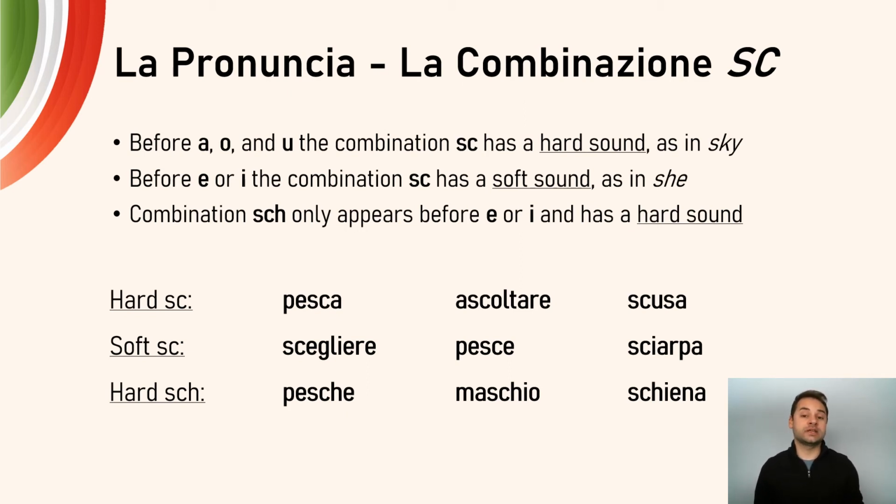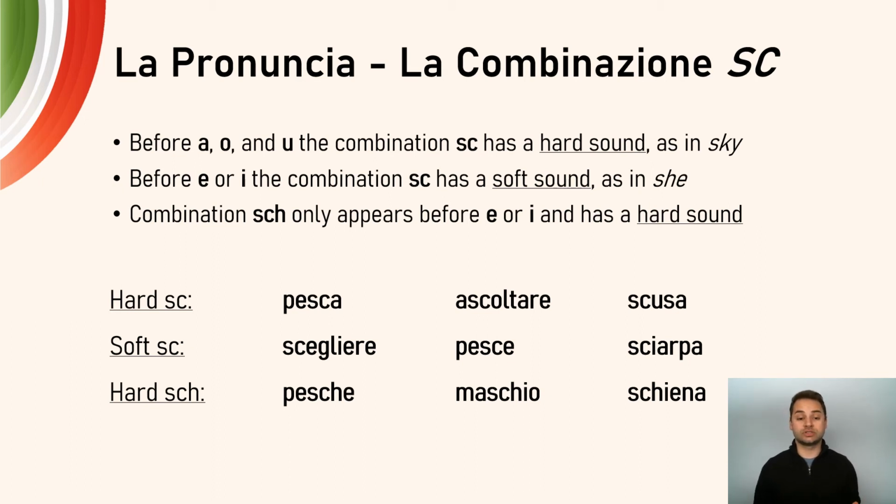What about before an E or an I? The SC would then have a soft sound, like in English when we say she. Everyone say she. She, SCE. She, SCI. The combination SCH only is going to appear before an E or an I, and it's going to go back to that same hard sound.